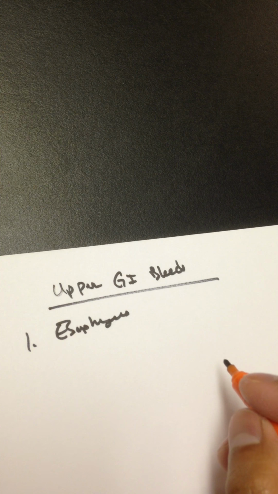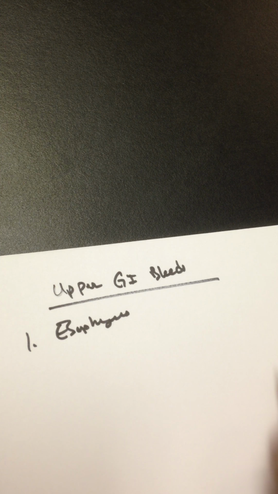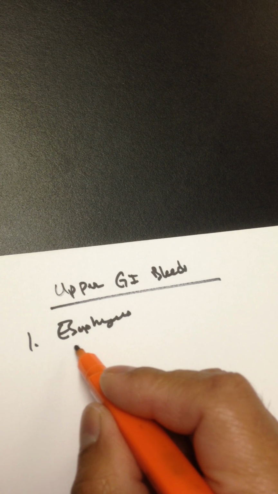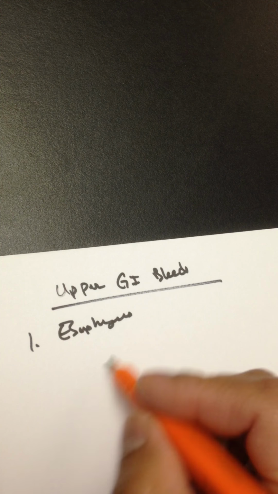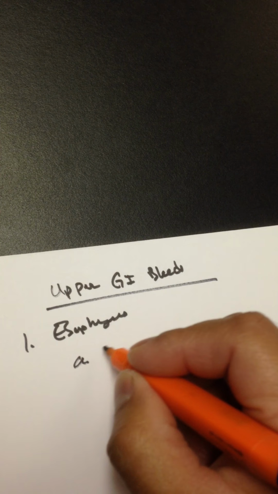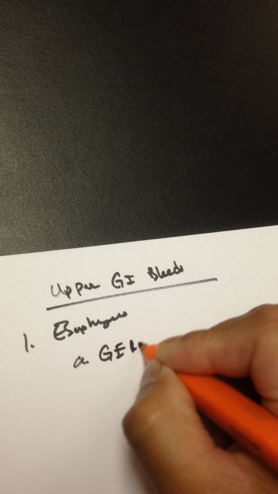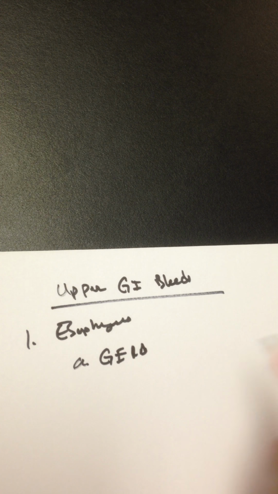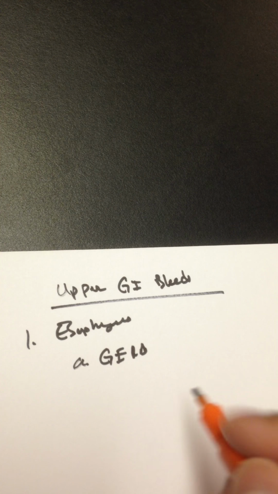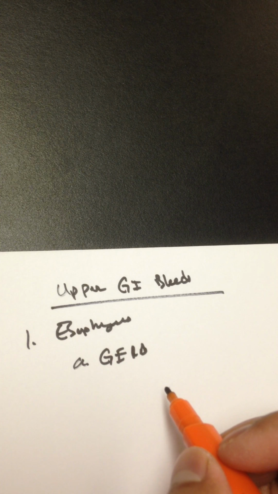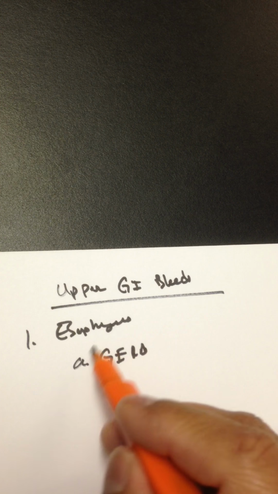Now in the esophagus you can run into some problems, and a couple of problems that may cause a bleed in the esophagus are, we talked about this in another lecture, acid reflux. That constant exposure to acid will irritate the esophagus, may cause the esophagus to become ulcerated and therefore cause a bleed.